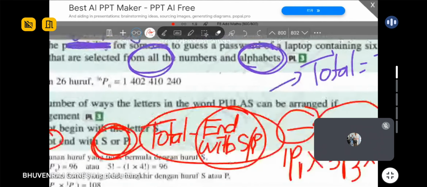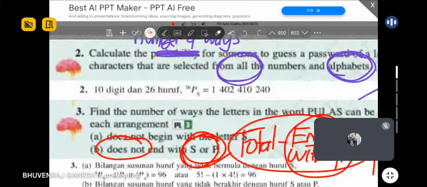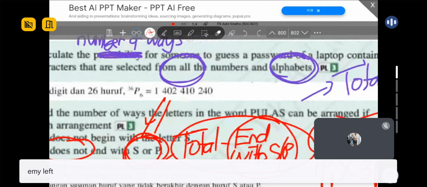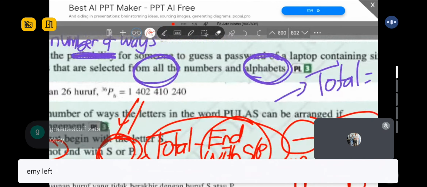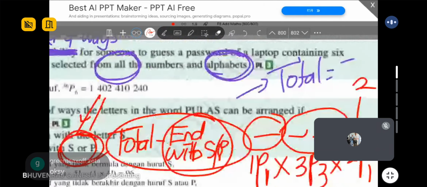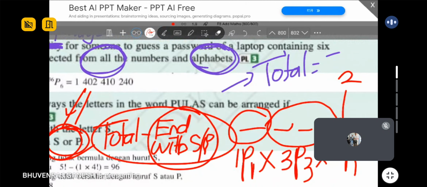This question is a bit special because you have two alphabets, dua abjad. So whenever you see two alphabets, use this case: total minus with S or P. This is one of the techniques you can use. So guys, can anyone tell me what is the total for this question? Jumlah cara. Very simple, it should be 5P5.